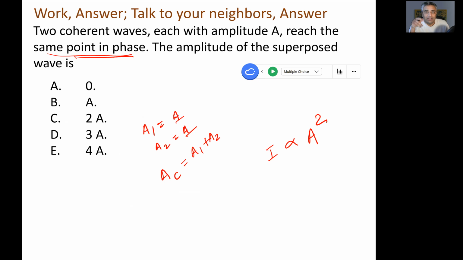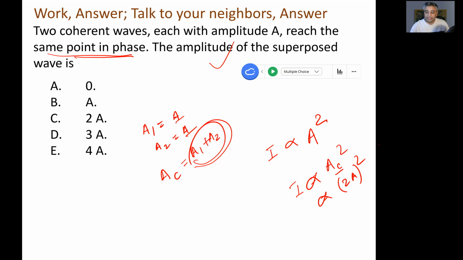So now we learn what happens to the amplitude when there is constructive interference. They get added. Then what happens to the intensity? If that was the question, the new intensity would be proportional to AC squared, and AC being 2 times A, we have to square that.